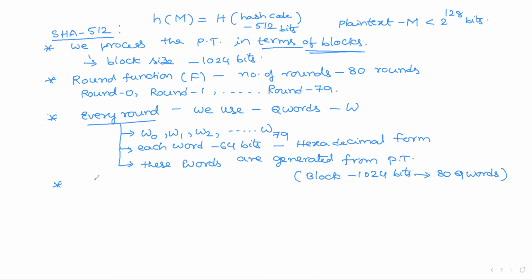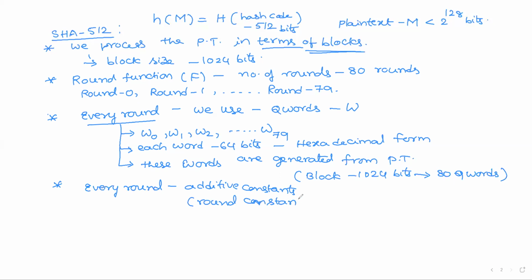Then along with the words, in every round out of the 80 rounds, we use some additive constants. These are like round constants in our previous algorithms.